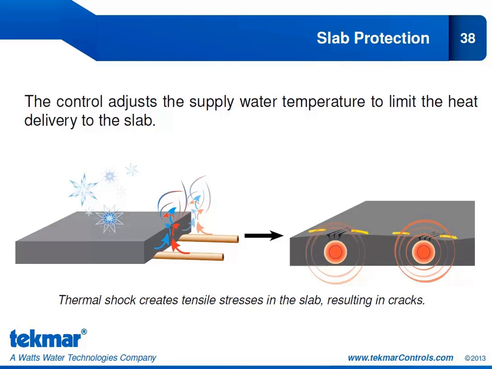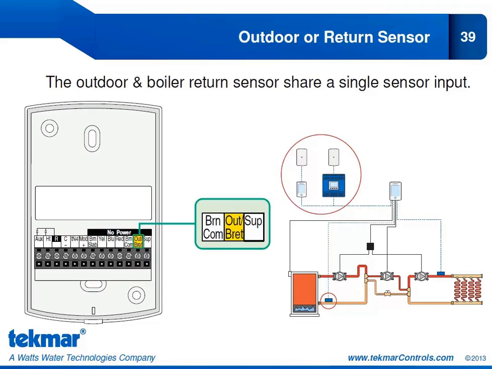To avoid that, you can turn slab protection on in the system menu, and that's going to set an upper limit for that supply temperature based on the current slab temperature. In the system menu is also where you can configure whether the shared sensor input terminal is for an outdoor sensor or a boiler return sensor. So you can see it's this terminal right here.